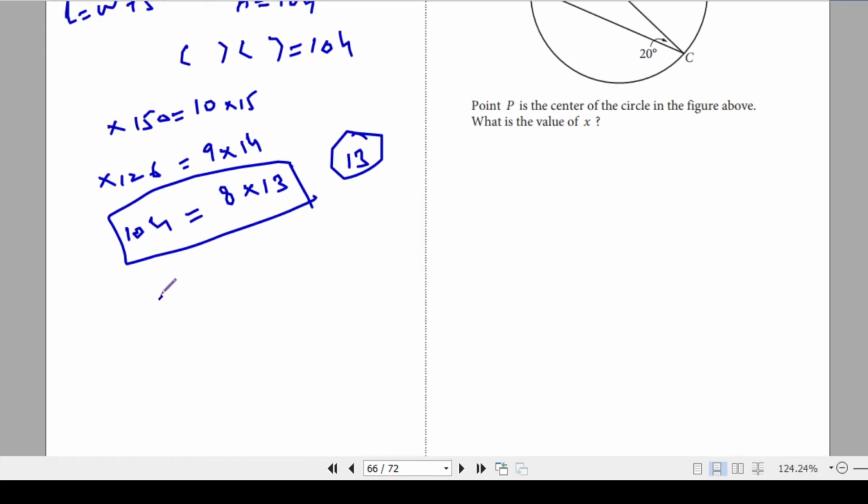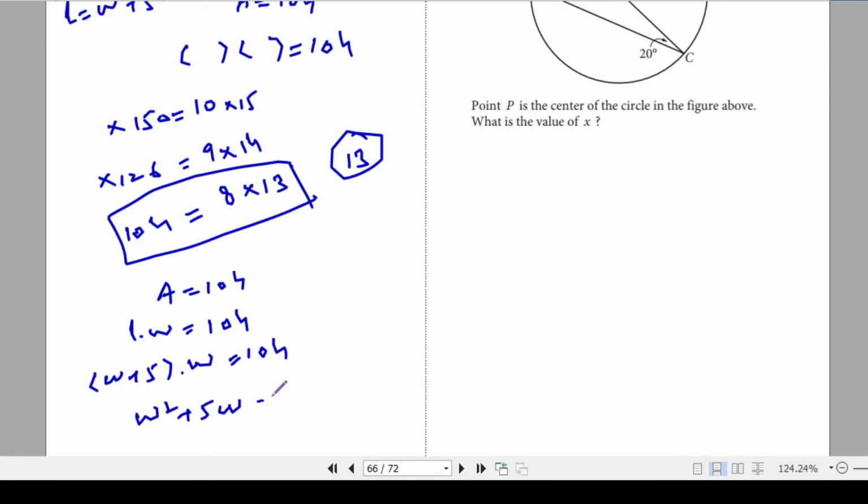Area is 104. Area is length times width, because length is W plus 5. So this is W squared plus 5W minus 104. See, you have to factorize it now. The difference should be 5 and the product should be 104.